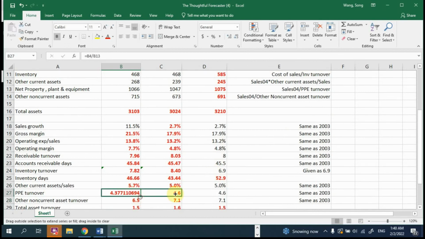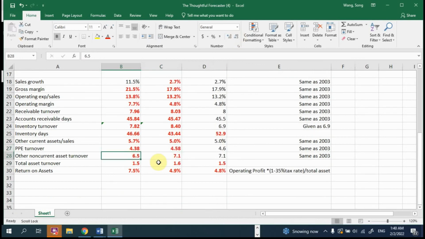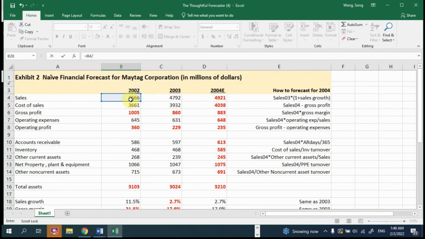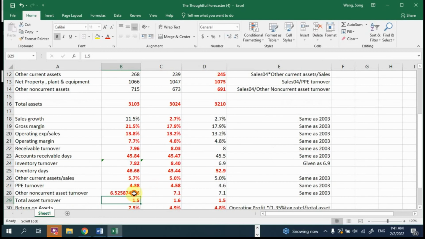Then drag it, decrease the decimal. And other non-current assets turnover, that is the amount of sales divided by other non-current assets. Just drag it and decrease the decimal.